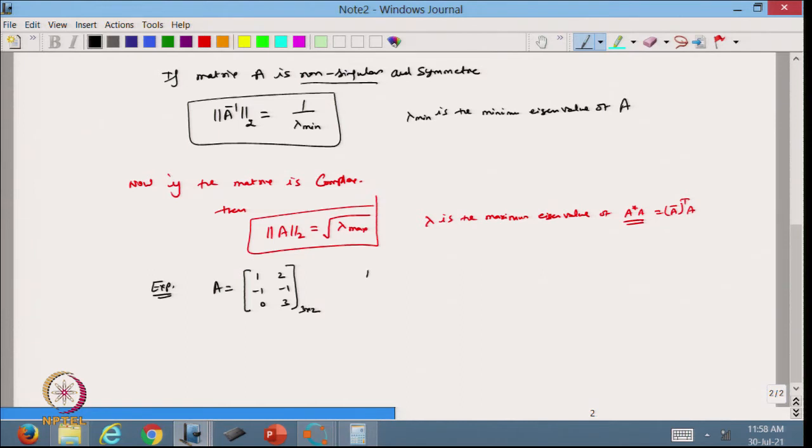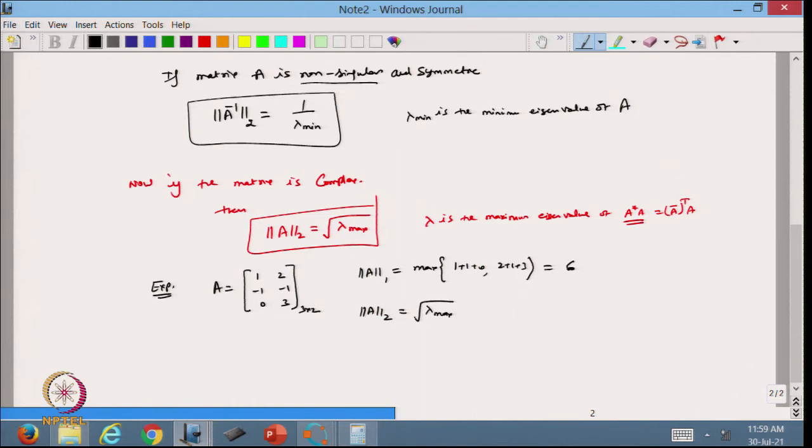Now, suppose I define its one norm, so that we already know that it is the maximum of the column sums. So, 1 plus 1 plus 0, 2 plus 1 plus 3, so it is 6. So, everything we already know. Now, I can define its 2 norm. For the 2 norm I need to find lambda maximum of this one.